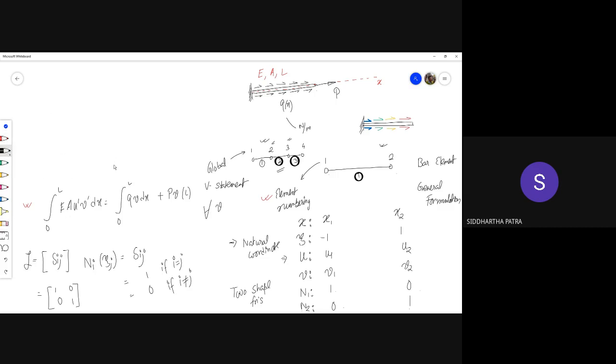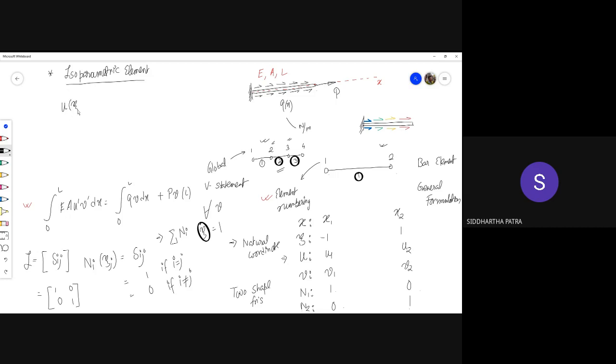Now, there is one other property that must be true with the shape functions, that summation of ni at any given xi should be equal to 1. So now let's look at how everything is mapped using the shape functions.